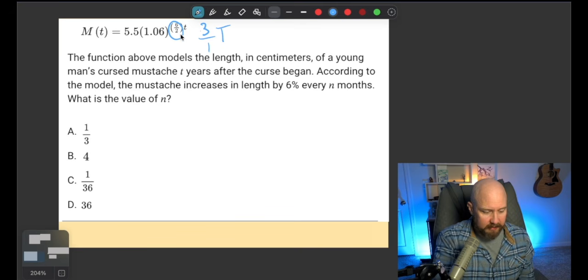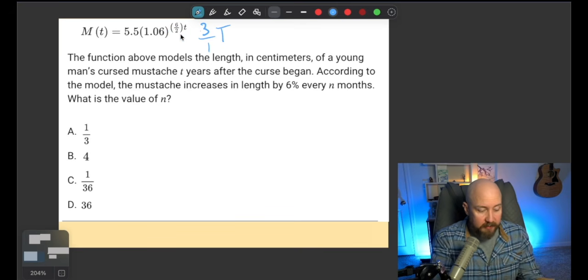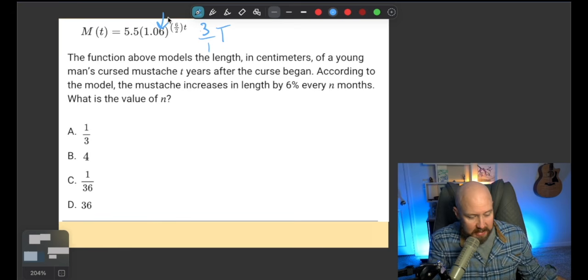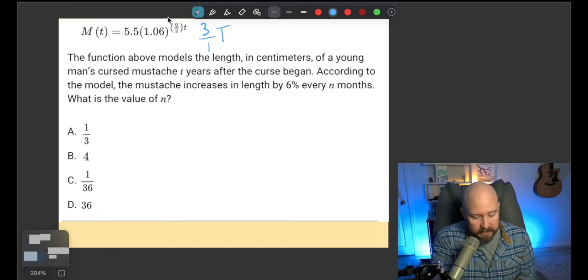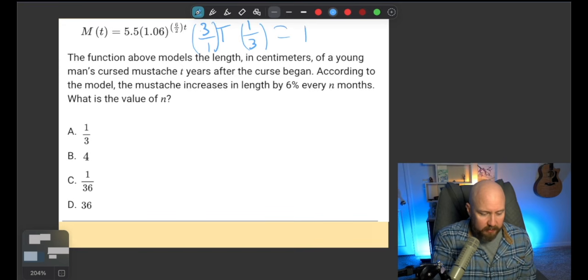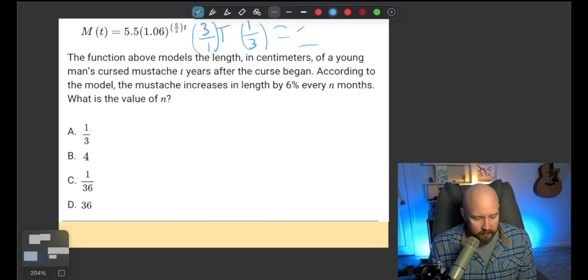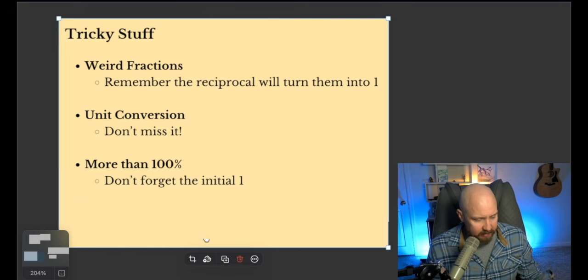Again, that's just me simplifying 6 over 2. So in order for this to become an exponent of 1, so we only see that 6% increase, it means the 6% increase happens every 1/3 of a year. Because again, if we multiply 3 over 1 times 1 over 3, we get 1, which is what we want for our exponent, okay?